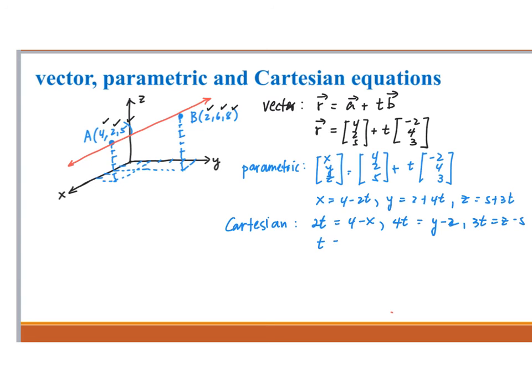And here t is equal to (4 minus x) over 2, here t is (y minus 2) over 4, and this is (z minus 5) over 3. And because we have three expressions that are all equal to t, you could combine them all and say t is equal to (4 minus x) over 2, equal to (y minus 2) over 4, and equal to (z minus 5) over 3. That's the Cartesian equation of the line.